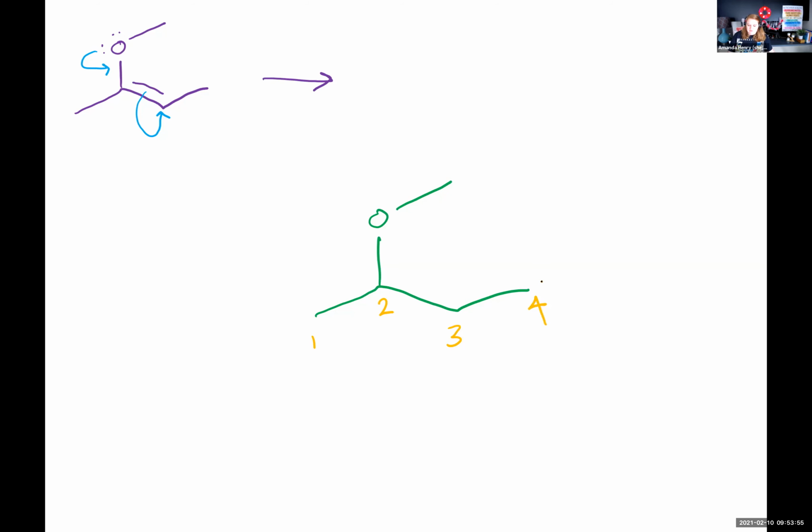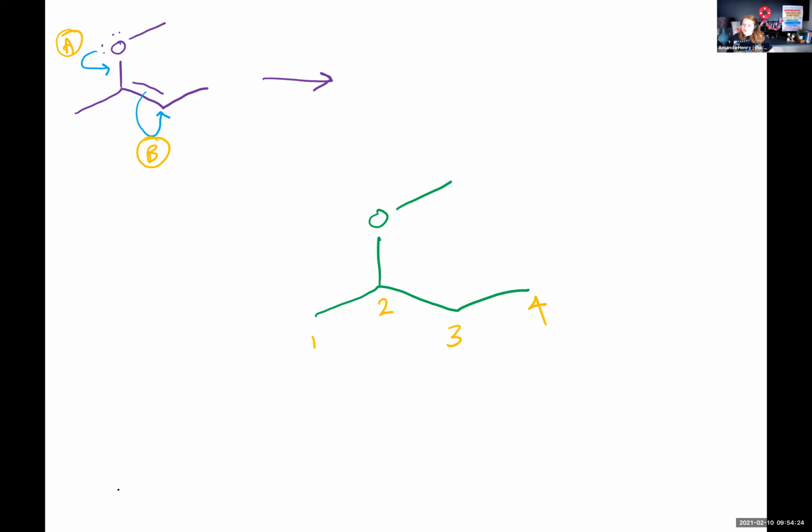Now we have two arrows that we've got to deal with. We're going to call them arrow A and arrow B. Arrow A goes from the lone pair on the oxygen, and it's ending at that bond. So how am I going to represent that in my new structure? Would it be a triple bond?